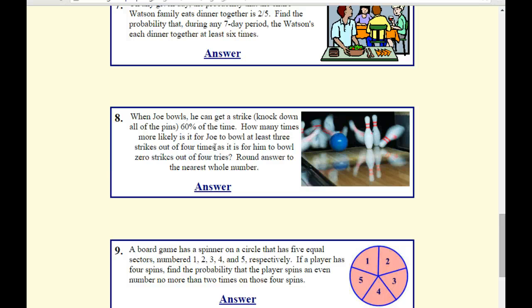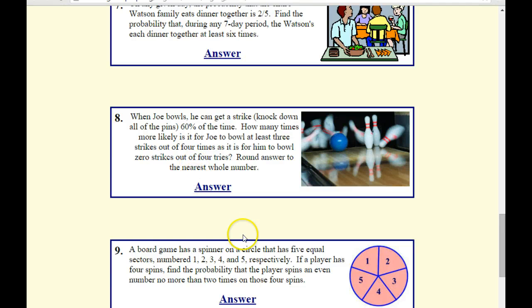His chance of success is 60%. At least 3 out of 4. So he does not get a strike one or fewer times, yes?